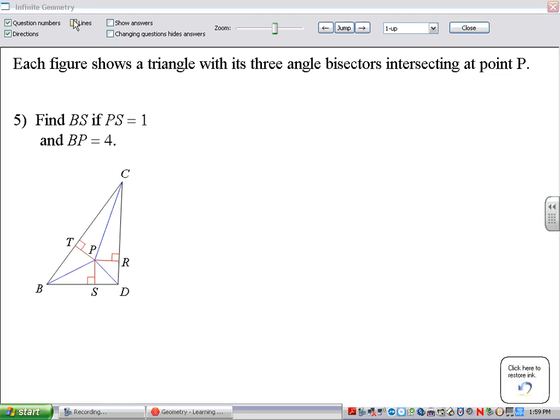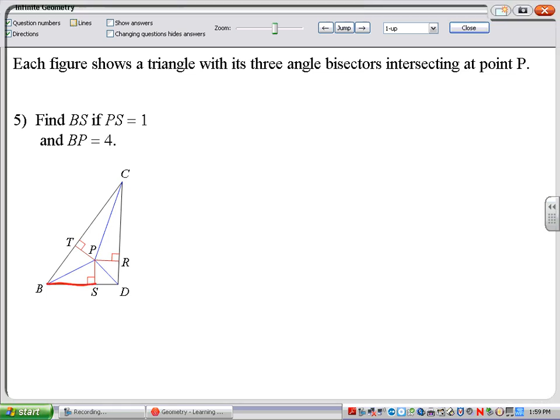BS is right there, okay? If PS is 1, so this right here is 1, and BP is 4. So let's call from B to S, let's call that X.